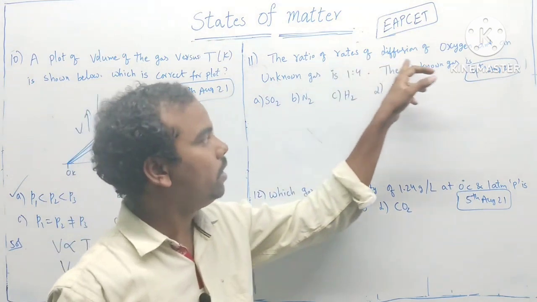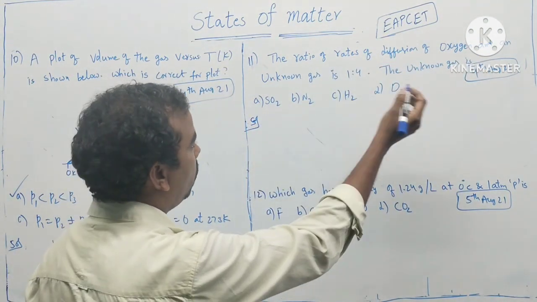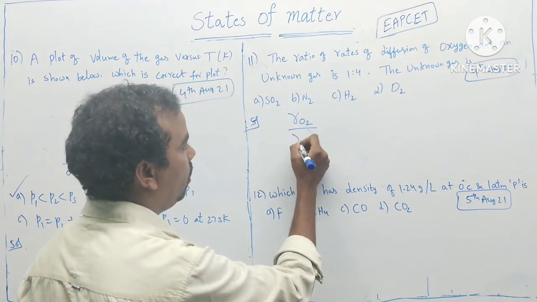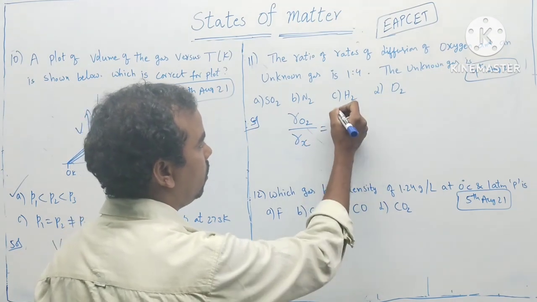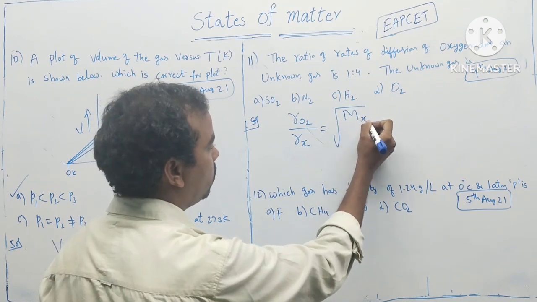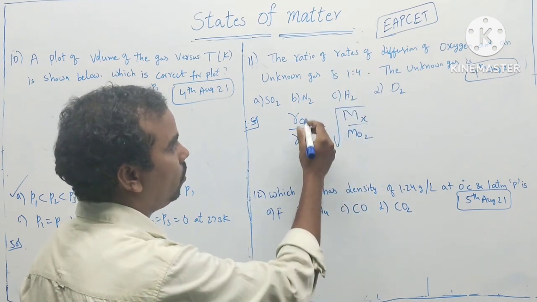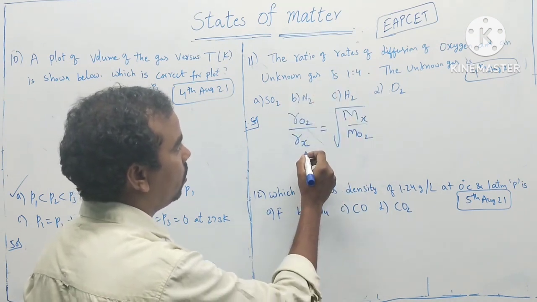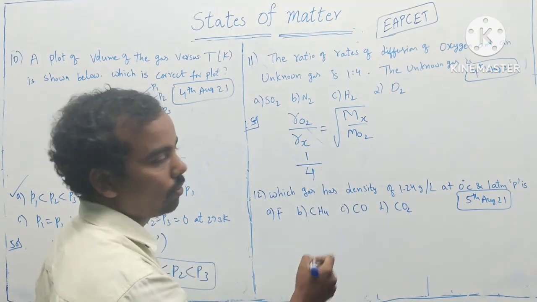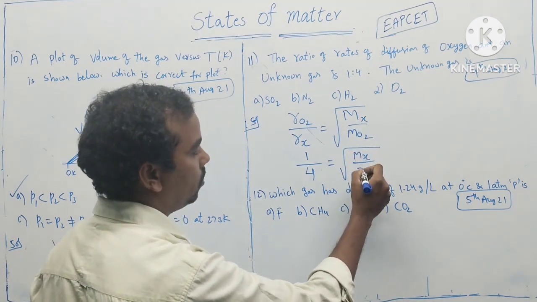Next, the ratio of rates of diffusion of oxygen and unknown gas is 1:4. What is the unknown gas? Rate of diffusion is inversely proportional to the square root of molecular weight. So the ratio of rate of O2 to rate of X is 1/4, that is equal to the square root of Mx by MO2, which is 32.